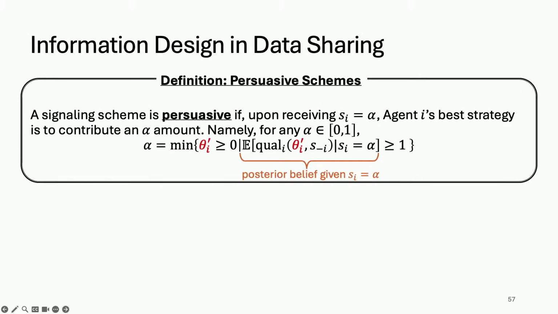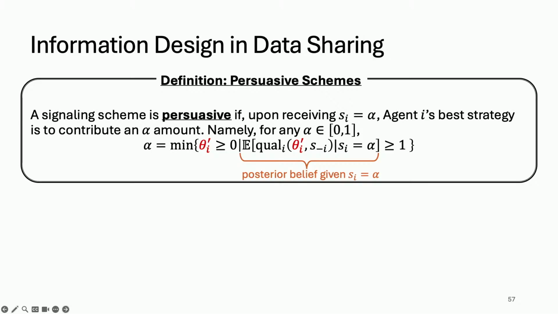And then we want the signaling scheme to be persuasive. That is to say, when the agent receives the signal, the best thing for the agent to do is just to follow the signal, because the signal is exactly the recommended strategy, the recommended contribution level, the effort level.